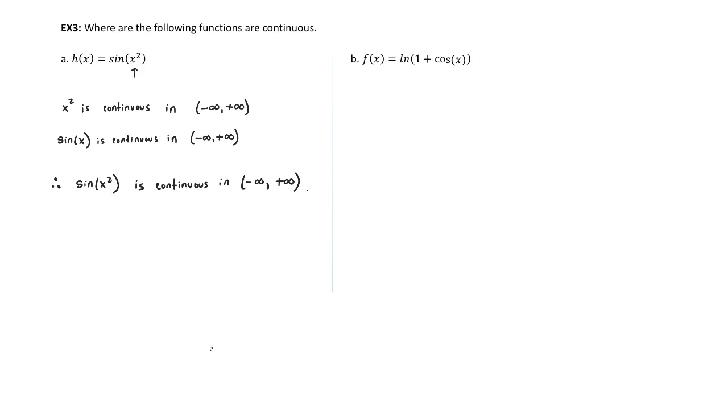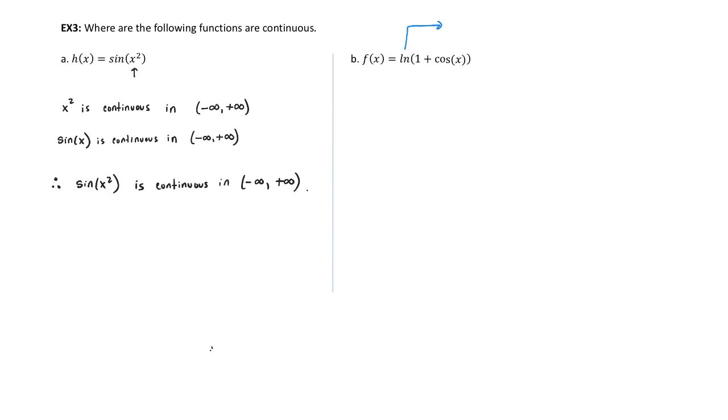Let's think about what kind of values 1 plus cosine x is going to put inside of the logarithm. With logarithmic functions, we have to be a little bit more cautious. Logarithmic functions, they do not like everything. You know that the domain of a logarithmic function consists of just 0 to positive infinity.